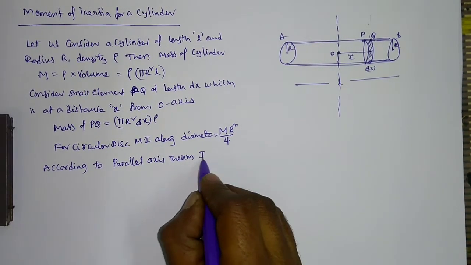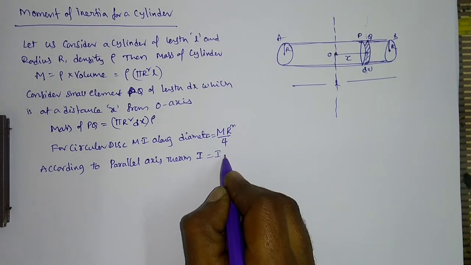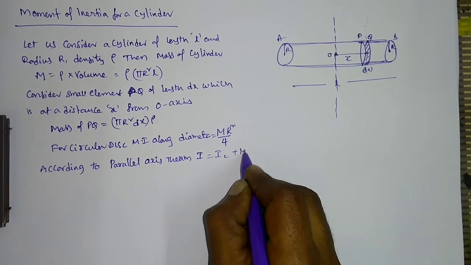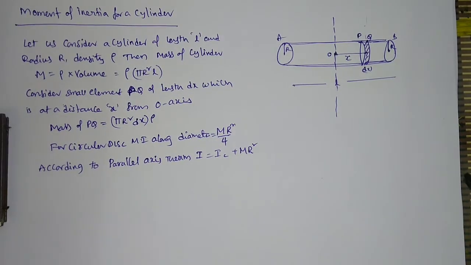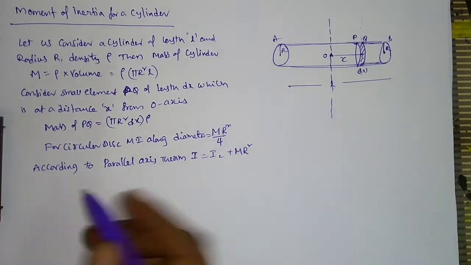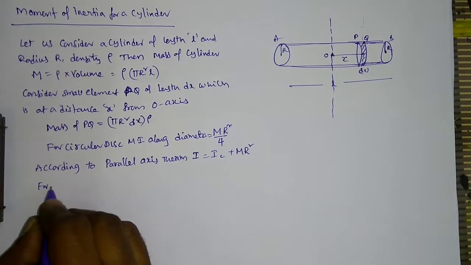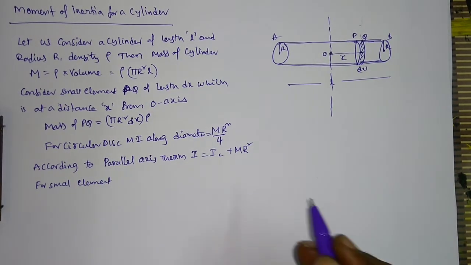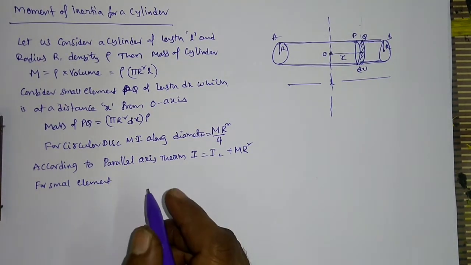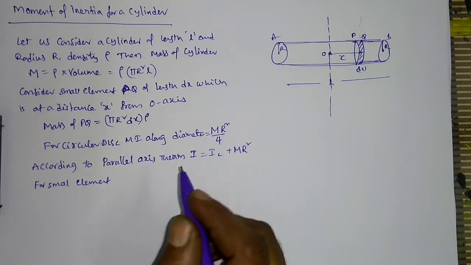From that I can write the general formula: I is equal to IC plus mr square. Now I am applying this for the small element. The derivation will be long, but no need to bother, it's very easy once you understand.